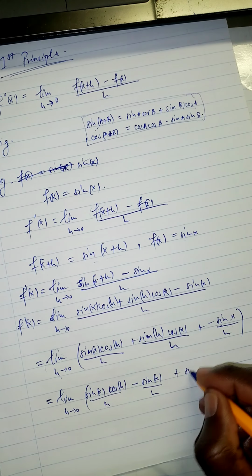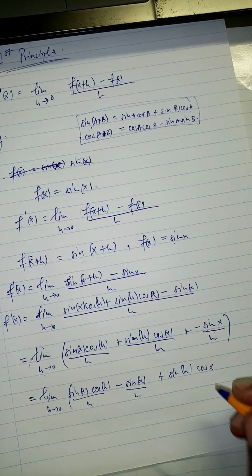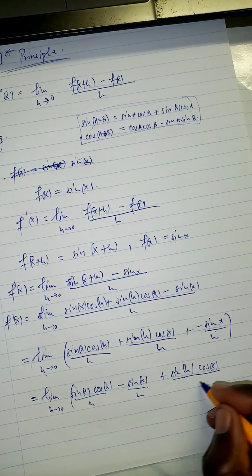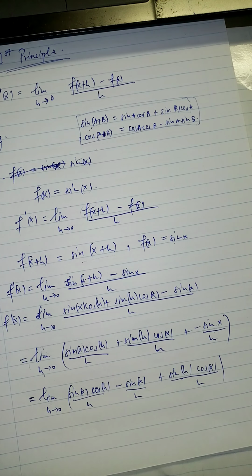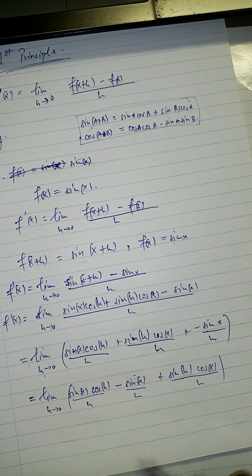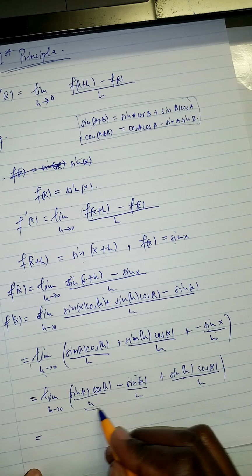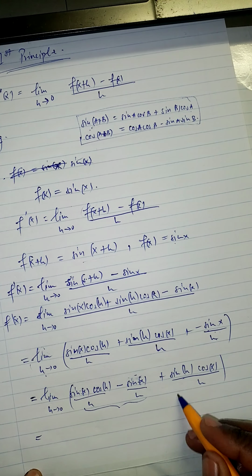then plus sine h cos x, everything over h. So from here I'm going to factor out sine x, because sine x is independent of h. Let me split the limit for all. This one I'm going to give a limit, and this one as well.